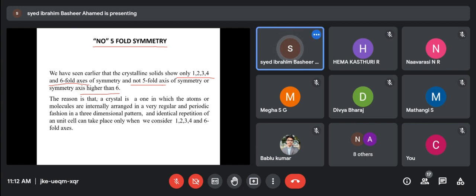The reason is that a crystal is one in which the atoms or molecules are internally arranged in a very regular and periodic fashion in a 3-dimensional pattern. An identical repetition of the unit cell can take place only when we consider these 1, 2, 3, 4 and 6-fold axes.